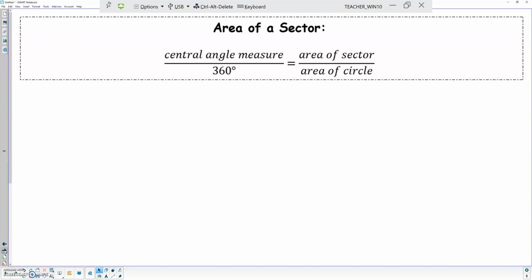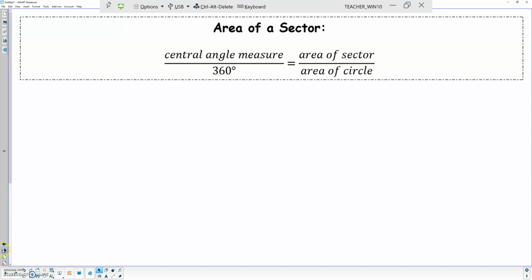Okay, so think of a sector of a circle like a piece of the circle's area. If I was talking about a pizza pie, then a slice of pizza would be a sector of that pie. When we're trying to find area of a sector, we use the following proportion.